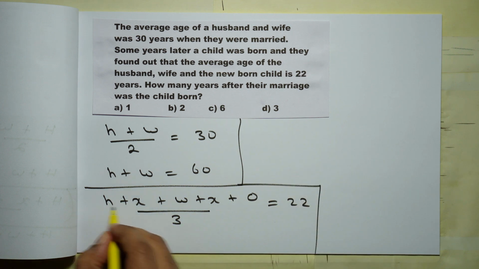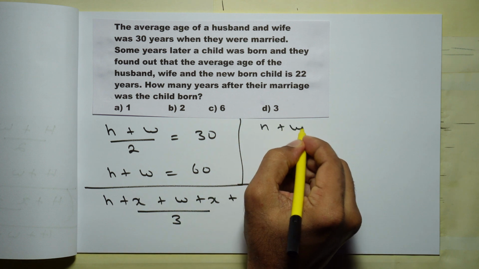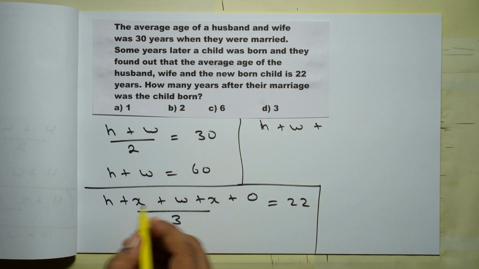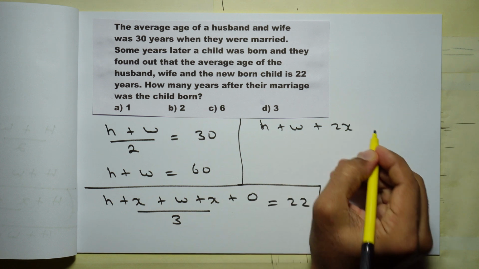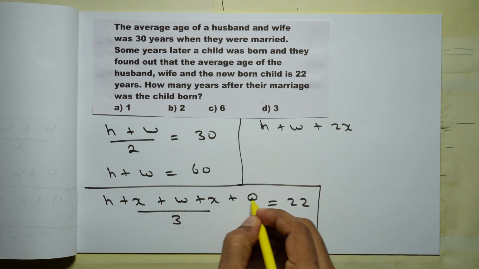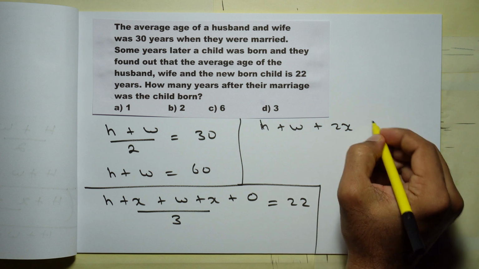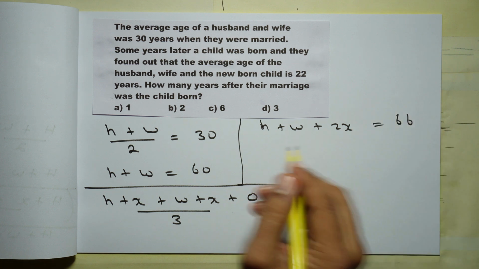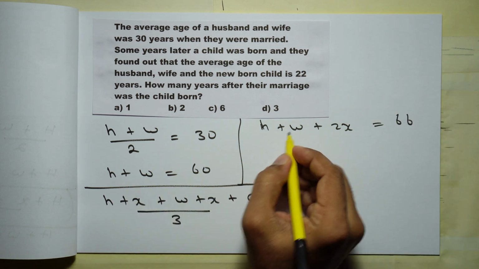Here you have H plus W plus 2x. 0 we need not write it down, is equal to 3 into 22, that you will get as 66. Now H plus W is 60.